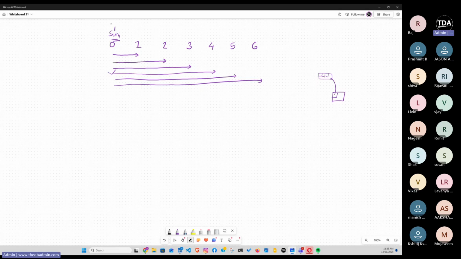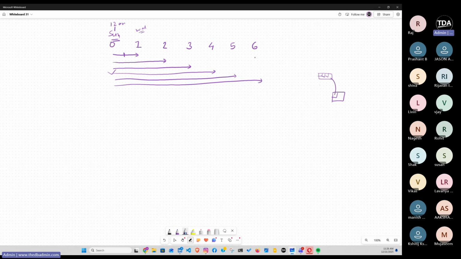Suppose on Sunday at 12 a.m. night I took the backup. After that, whatever WALs got generated and whatever changes happened will be captured by the next backup. The same thing happens on Monday night till 12. There are still some changes and WAL-generated transactions, which will be taken care of by the next backup, like that.